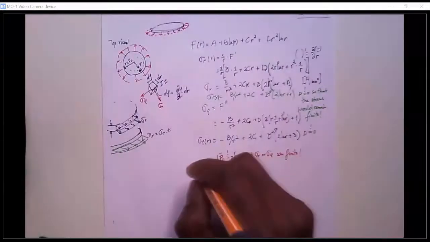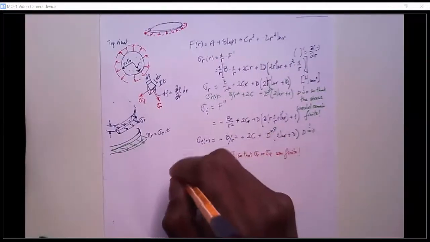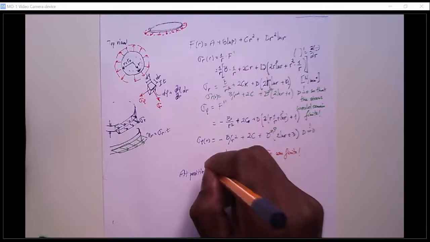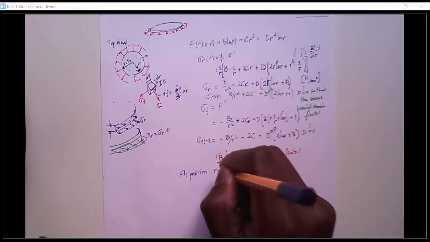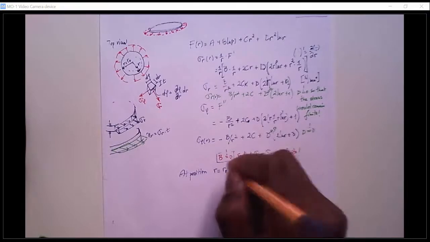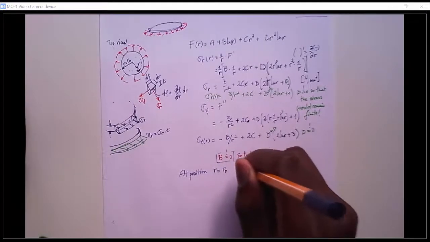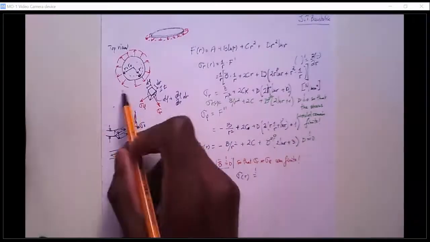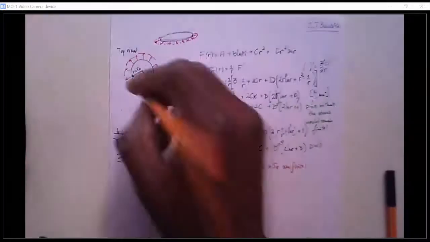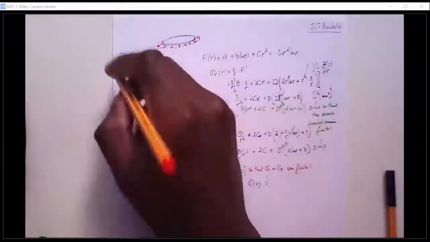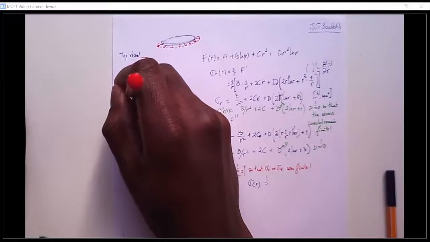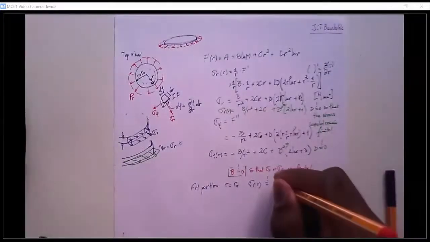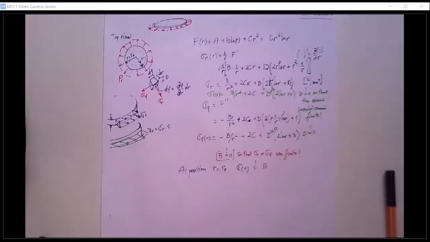So at the position r equals to outer radius, sigma in the radial direction is known, and it should be equal to this value here. We can call it P like pressure, and small r like in radial direction, should be equal to PR. Let's just call it PR.